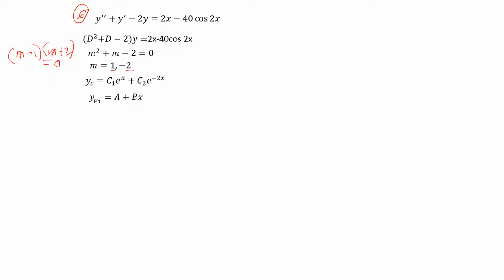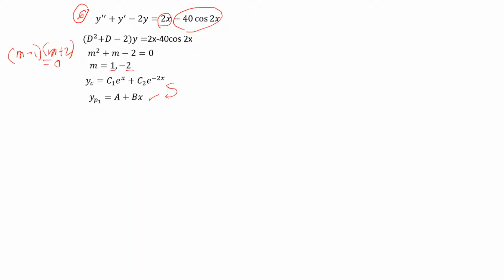Now let's have yp1. We're going to analyze first 2x, and then later on the negative 40 cosine 2x. Based on this 2x, our particular solution is a plus bx. Now compare it to that y sub c. There is nothing different there, therefore we will accept this a plus bx.